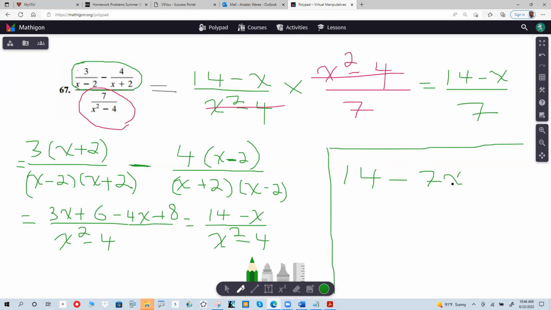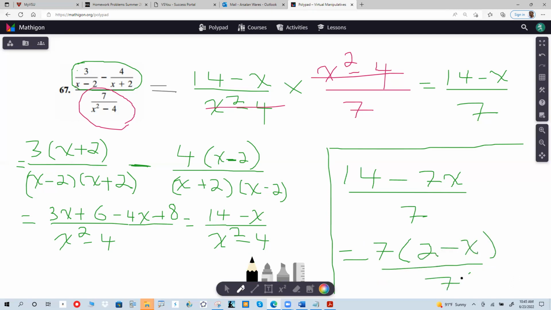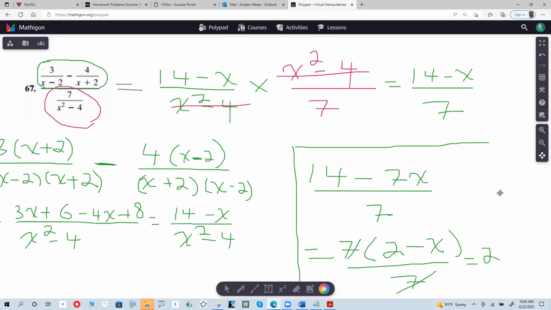And this was the term you got. Then you're going to factor out 7 from the top, and you're going to get 2 minus x, and there's a 7 in the bottom. Now you can divide. Nobody can stop you from doing that. And that's actually expected that you would. Does that answer your question, Jack?